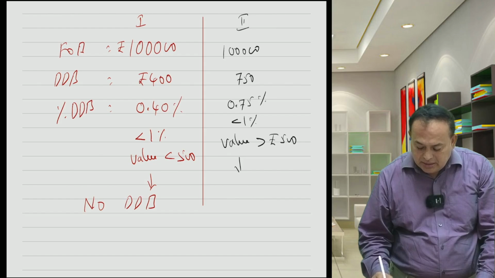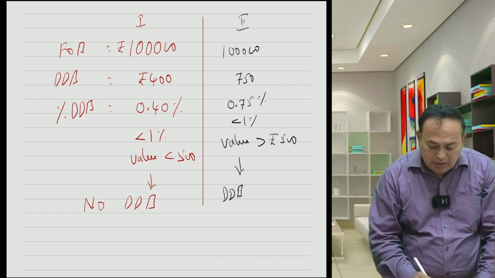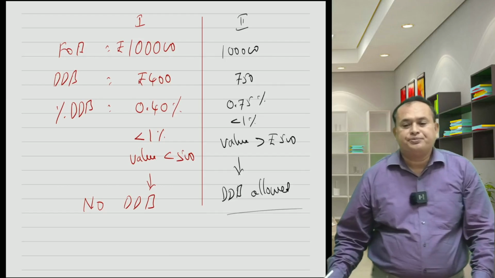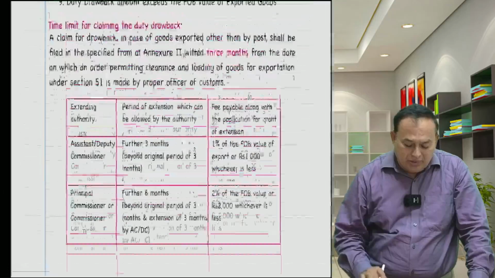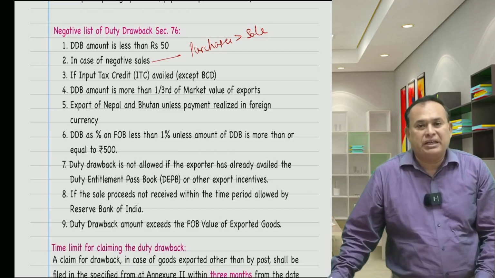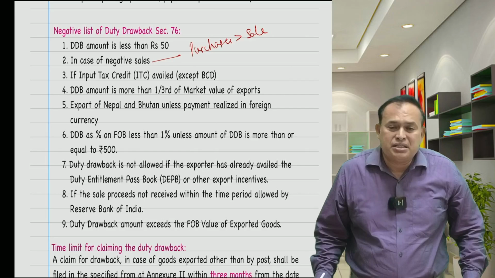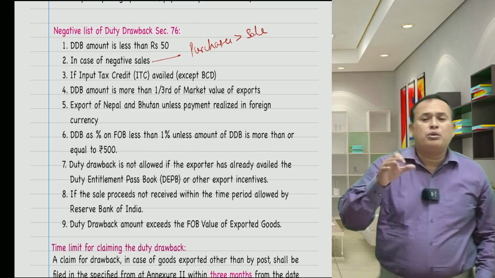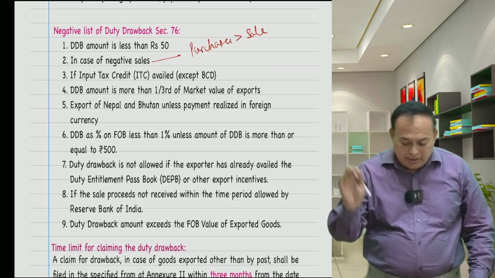In that case, is duty drawback allowed or not allowed? Allowed. As simple as this, my friends, is the meaning of it. That means the value should be more than or equal to 500. If the duty drawback percentage is less than 1% on FOB value of export, the duty drawback amount should be a minimum of 500 to claim. Otherwise, no drawback.